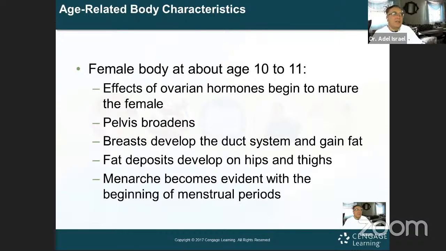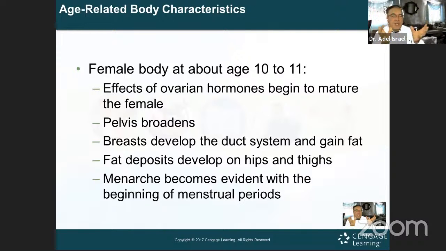Age-related body characteristics. We have characteristics specific for the female. Number one, the effect of ovarian hormones begins to mature the female. The pelvis is wider in the female. Breasts start to develop, okay, with fat deposit in the hip and thigh.